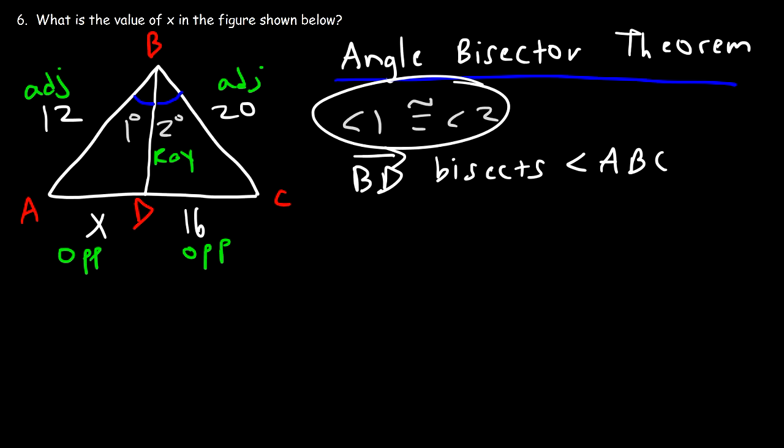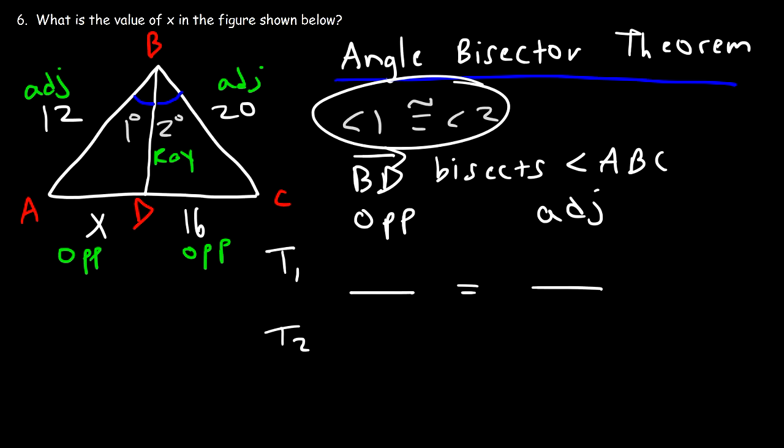So to set up this ratio, this can help you. On the top, I'm going to put the information for triangle 1, and on the bottom, triangle 2, which is associated with angle 2. Now the ratio of the opposite sides will be equal to the ratio of the adjacent sides for these two triangles.